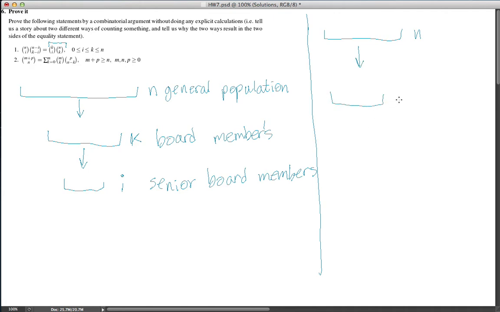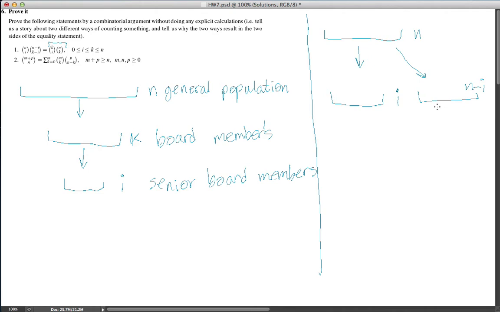So we're going to be left with i senior board members here, and then the rest of the population is going to become either a board member or a non-board member, right? So we have n minus i people left here, and then we have to select board members and non-board members here.